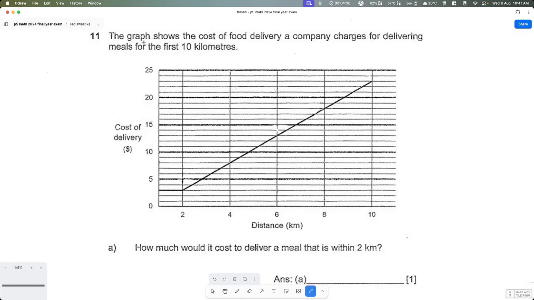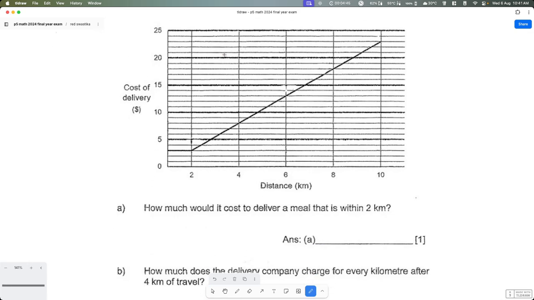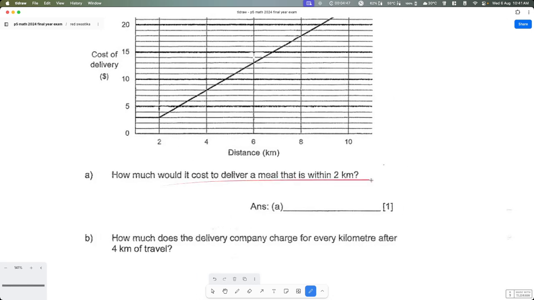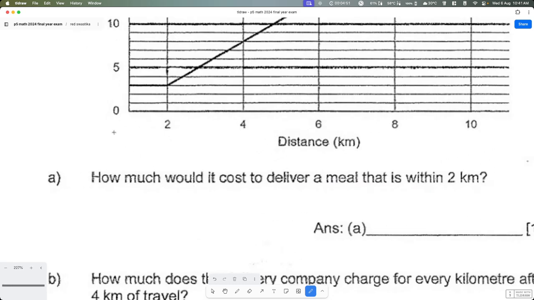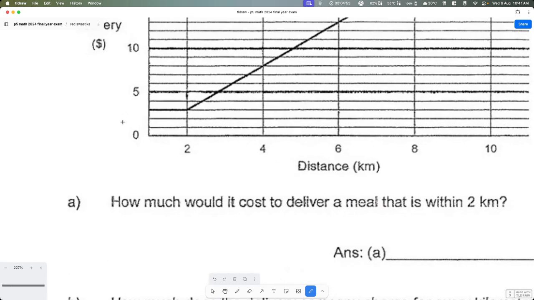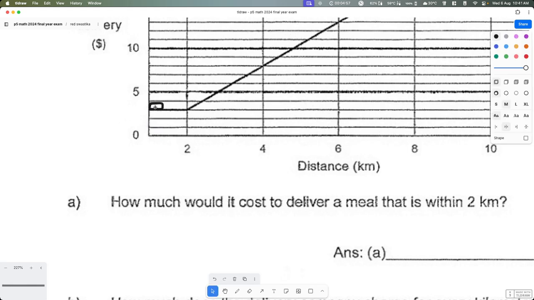The graph shows the cost of food delivery. A company charges for delivering meals for the first 10 kilometers. How much is it to deliver a meal within 2 kilometers? We see the number of gaps over here: one, two, three, four, and five.